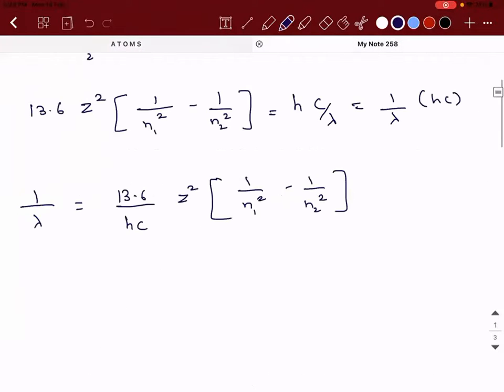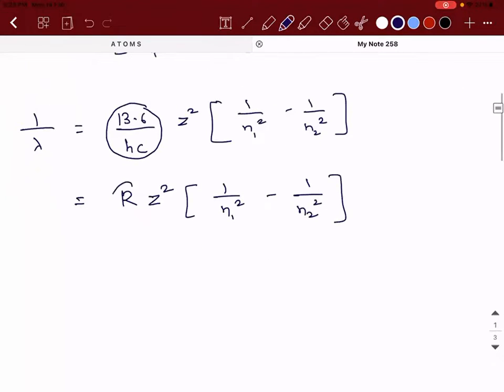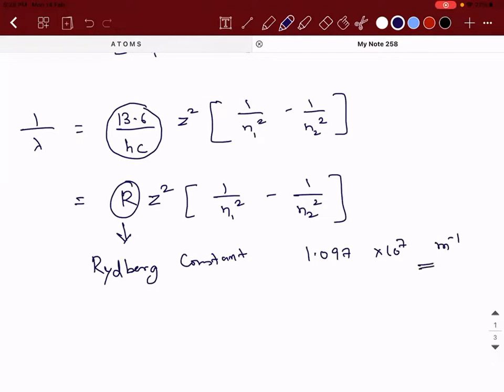Then this 13.6 divided by hc put together will give us a number called R, and the Z square into 1 by n1 square minus 1 by n2 square is going to be as it is. This R is what we call the Rydberg constant, and this Rydberg constant is 1.097 into 10 power 7 meter inverse.